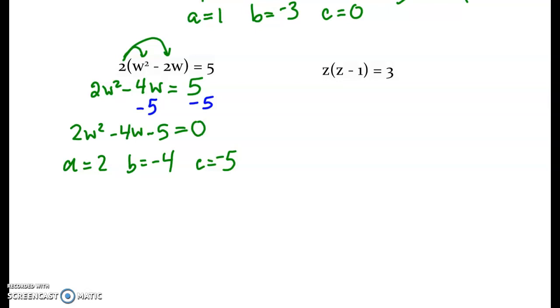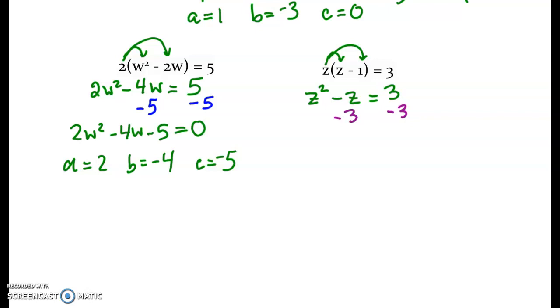Lastly, we've got a question here. Now I can see if I distribute the z, I'm going to have a z squared. So yes, this is a quadratic equation. Let's do that. We're going to get z times z is z squared. z times -1 is -z equals 3. Again, we cannot have it equaling 3. In standard form, it always equals 0. So we need to make 0 on the right side, and what we do to one side, we have to do to the other.